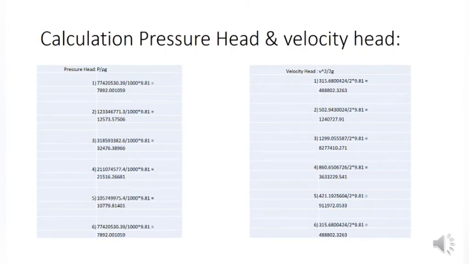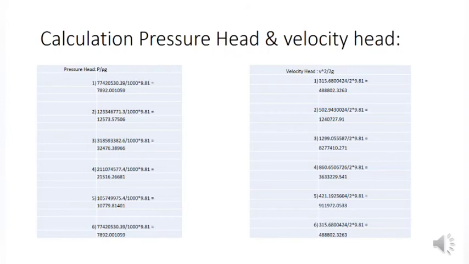Okay, next we calculate the pressure head and velocity head. For the pressure head, we use the pressure over rho g. The pressure we have calculated before is the static pressure.